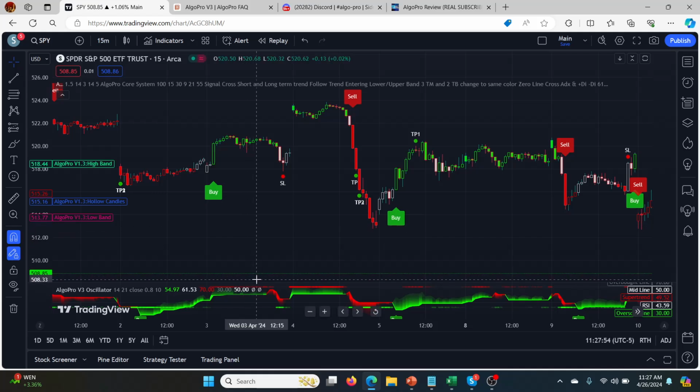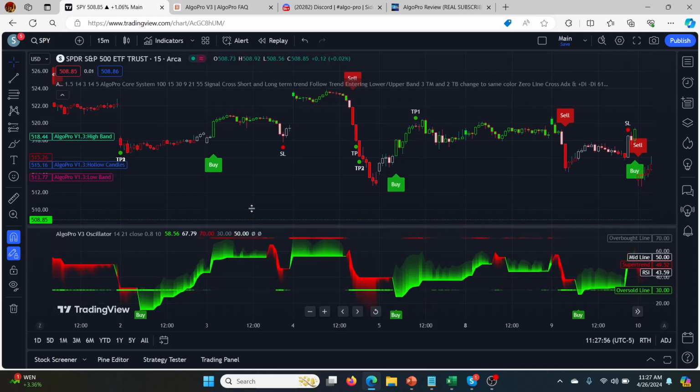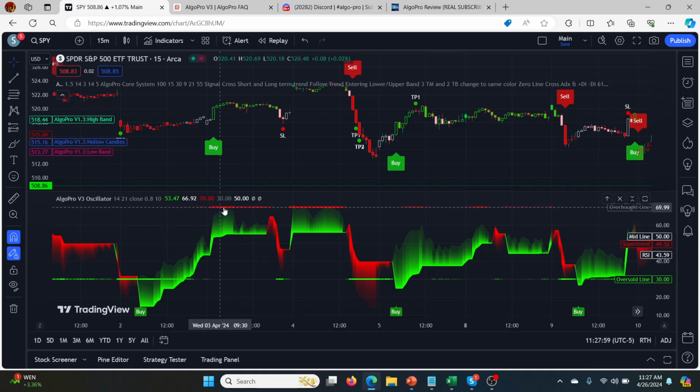Well, if you look at the oscillator at that same point, you can see that we're actually really overbought here. This deep red, the price has been going up for a while, and the oscillator actually signaled a buy much sooner. And the buy on the oscillator was finished by the time the buy on this came in.